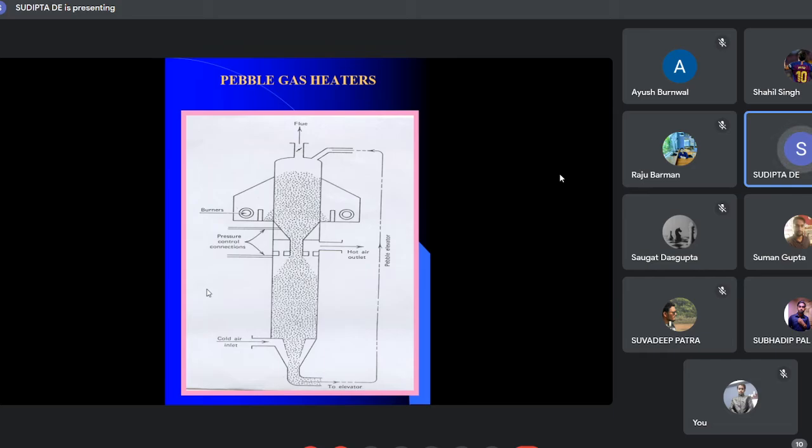As the cold air passes through the small gaps between pebbles in zigzag paths, because they cannot get a straight path, cold air is also heated up.